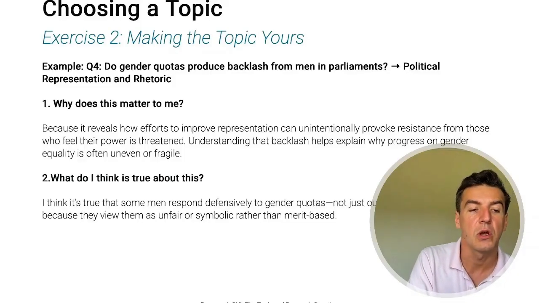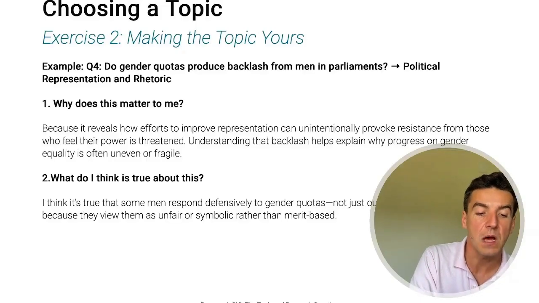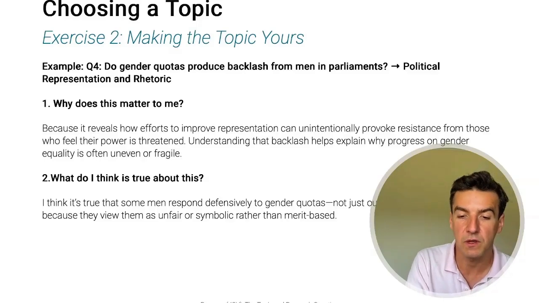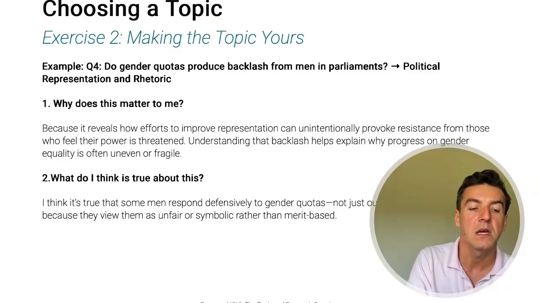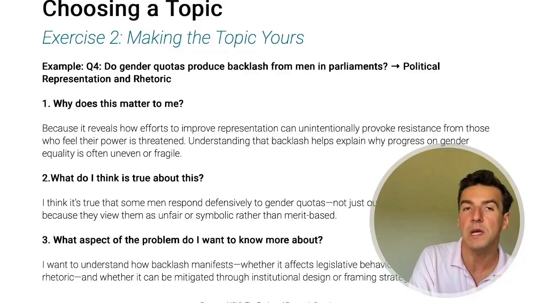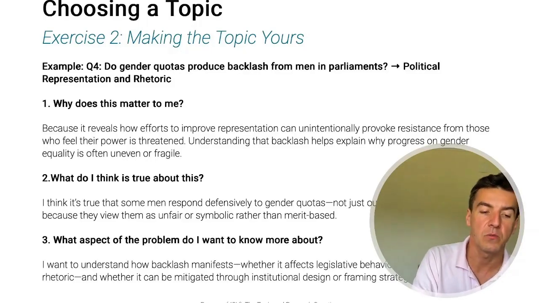The next question: what do you think is true about this? I think it's true that some men respond defensively to gender quotas, not just out of self-interest, but also because they view them as unfair or symbolic rather than merit-based. And finally, what aspect of the problem would you like to know more about?